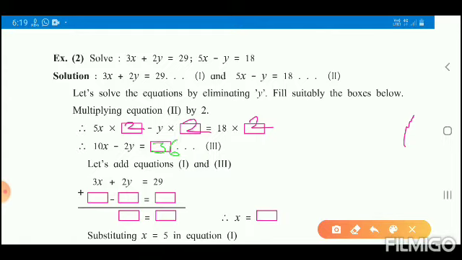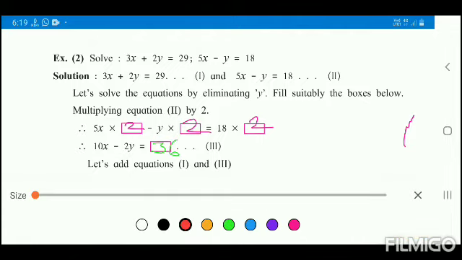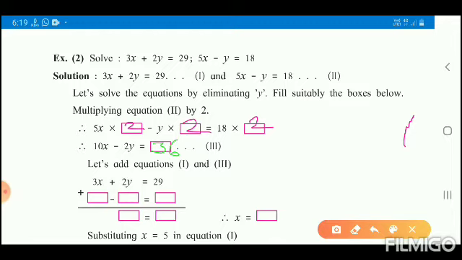Now let us add equation 1 and 3. They had written equation 1 here. Now we have to write equation 3, whatever we have found now. Here in this box, 10x minus 2y is equal to 36.